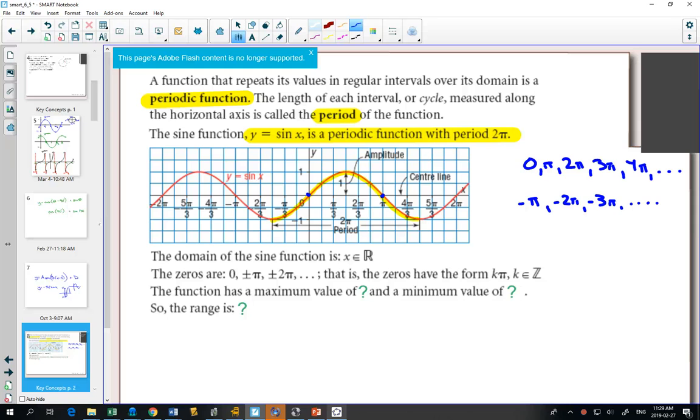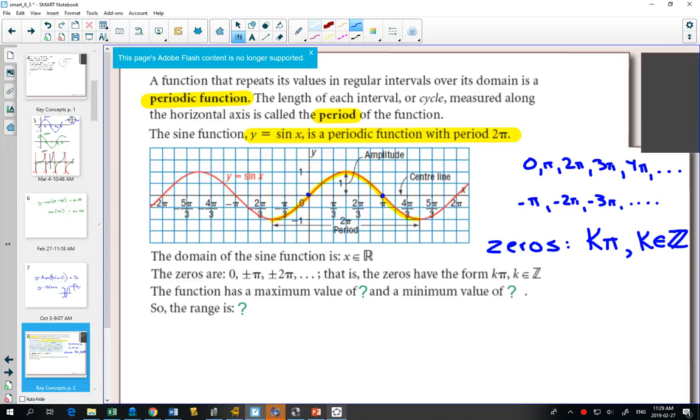They're called our integers. So we could say that our zeros are k times pi, where k is an integer. And there's our symbol for integer.